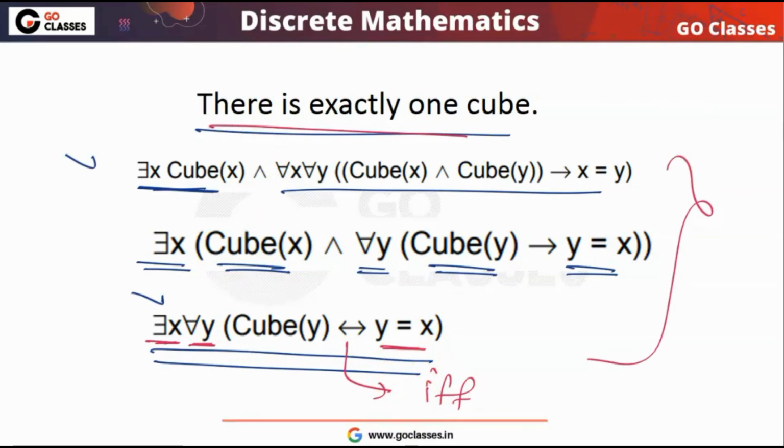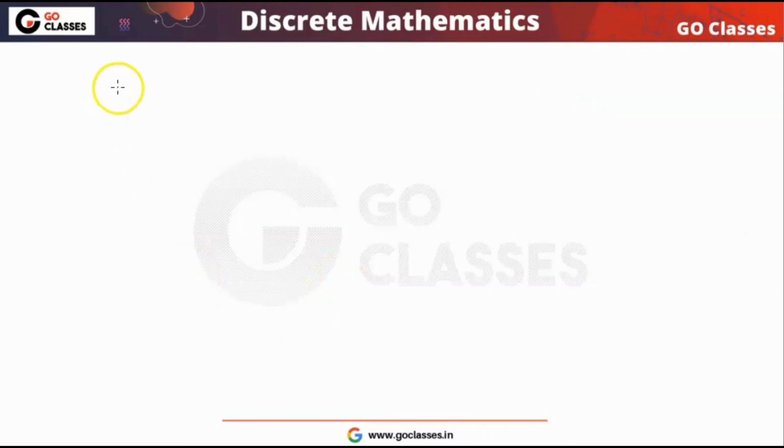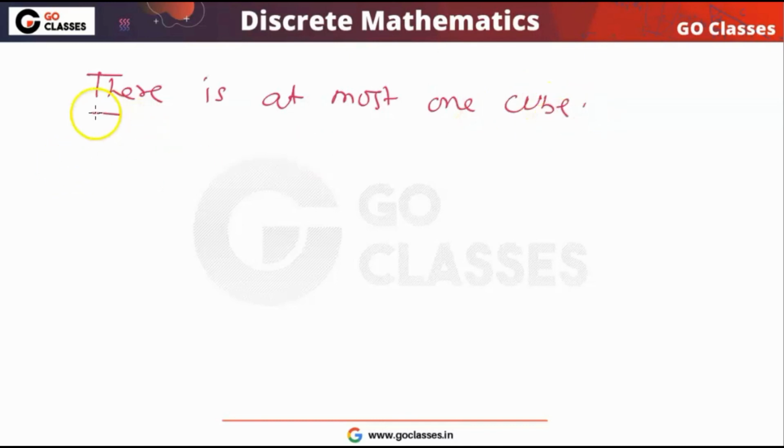Okay, now let's see this variation. There are at most two cubes. Do you remember we have already done at most one cube? So for this, what did we do? We did it like this: there is at most one cube.